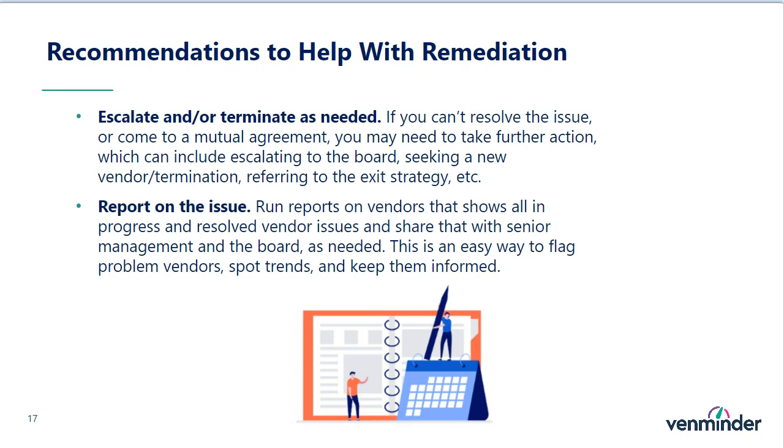You can look at, are there multiple performance issues with a particular vendor, or maybe performance across multiple vendors that are providing a similar service. Or maybe there's issues with contracting on a regular basis, and maybe you look at that further and recognize that there's some room for improvement on your own internal processes because contracting takes too long. So reports often give you that visibility to improve your processes, and definitely will help with remediation.